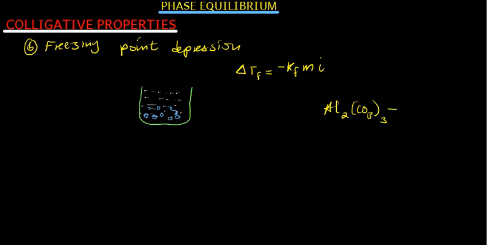If this dissociates, it gives 2 Al3+ and 3 CO3 2-. So looking at the charges, we've got 2 ions here and 3 ions there. So the Van 't Hoff constant is going to be equal to 5. That is how we get the value for i, the Van 't Hoff constant.